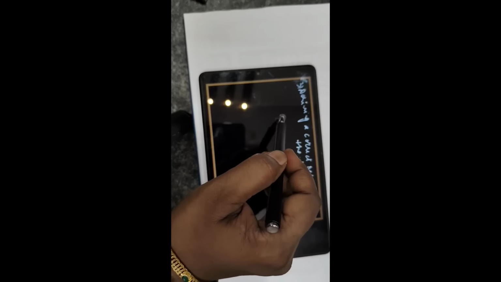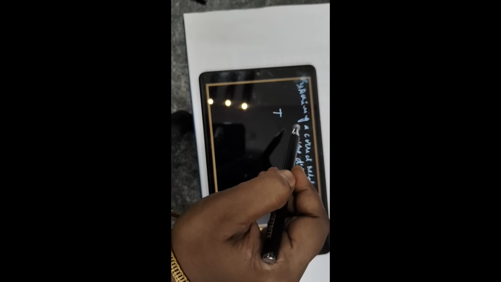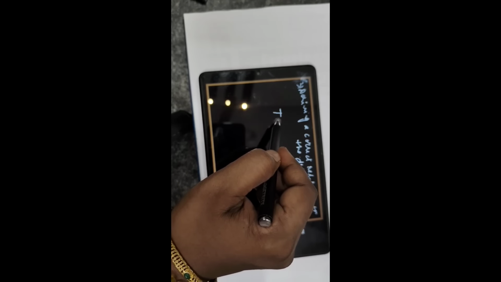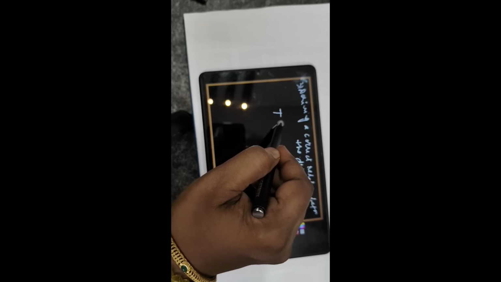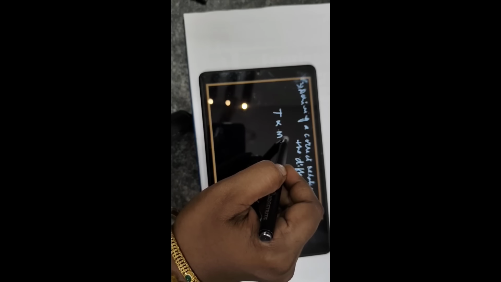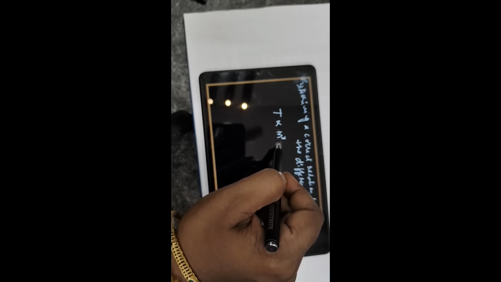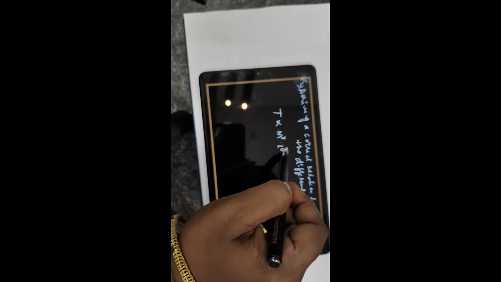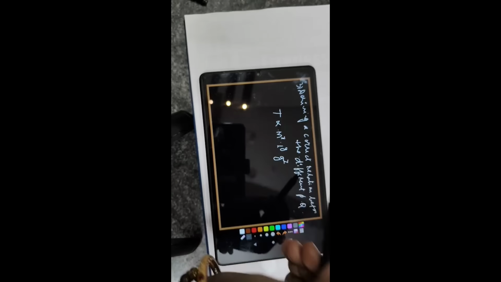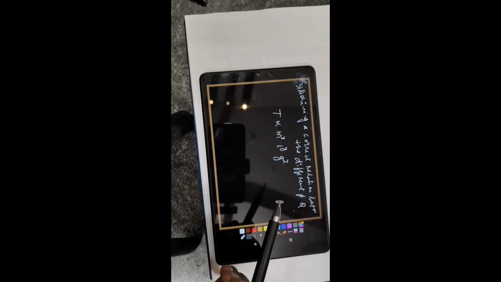So let us take the example of a simple pendulum, where we'll take the time period of the oscillation of the simple pendulum, which is proportional to the mass. Let us take the power as x, then length raised to y, and g raised to z. So we have to derive the relations between these.